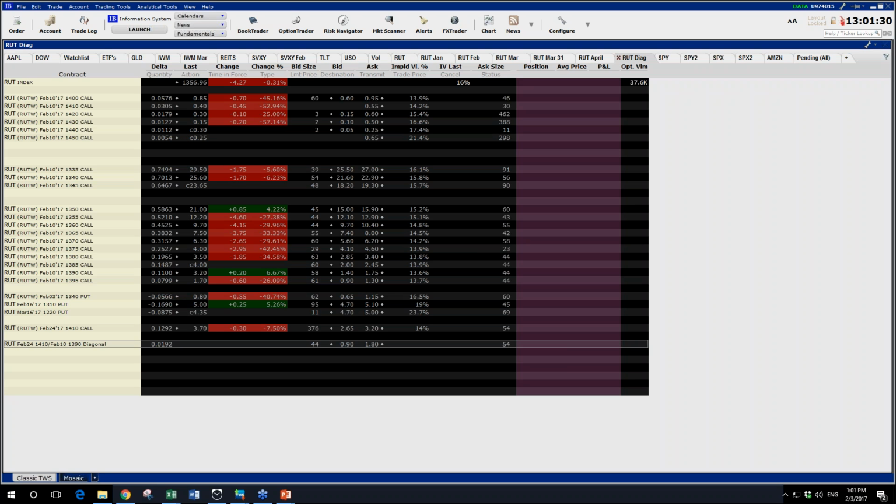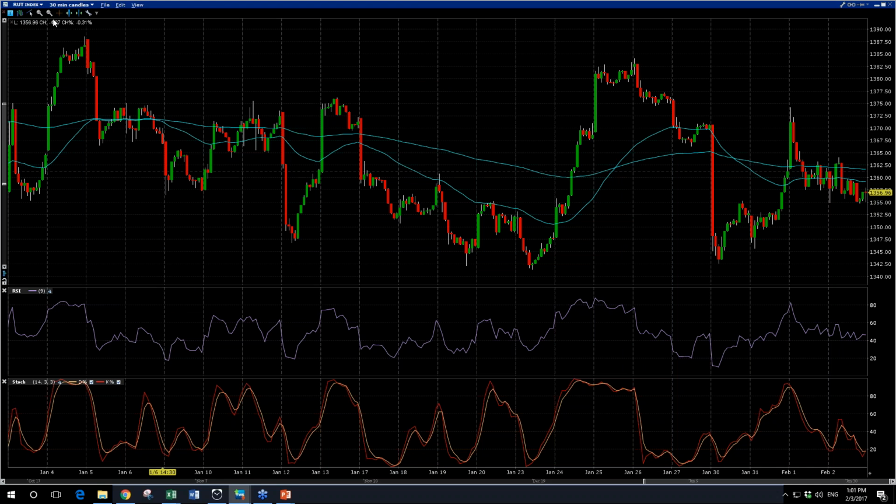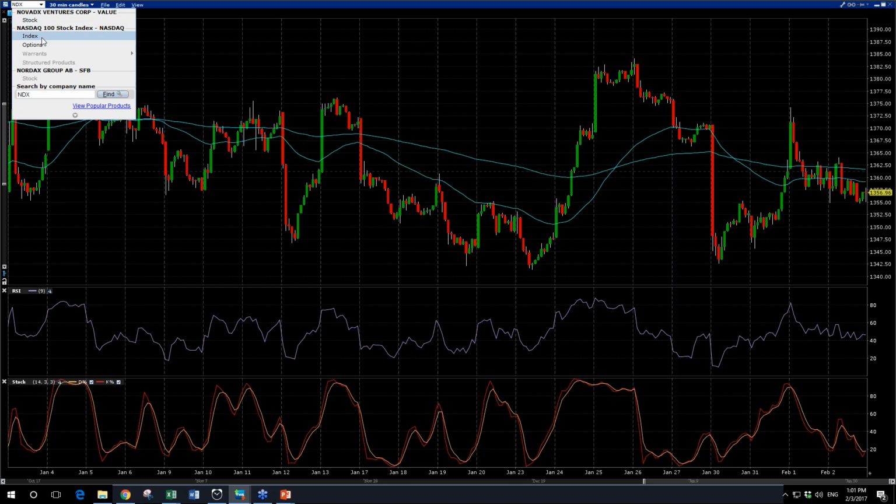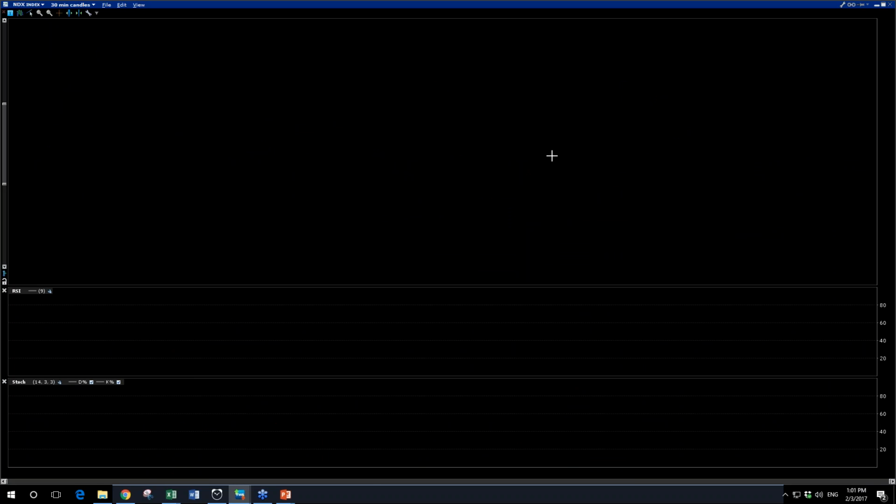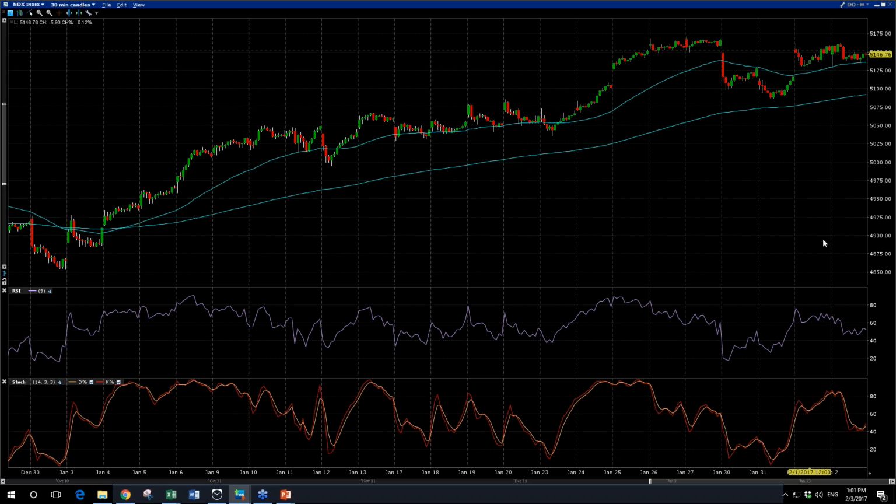Would this morning at about 10:30, 11 be a decent time to enter a diagonal on NASDAQ? Let's take a look. Yeah, so about 10:30, we're a little bit overbought.